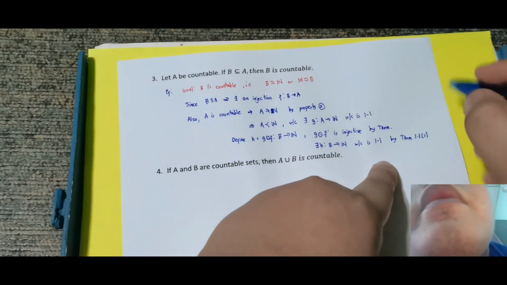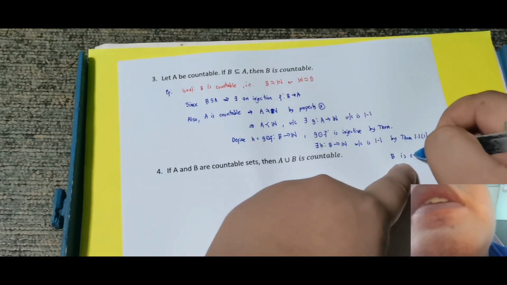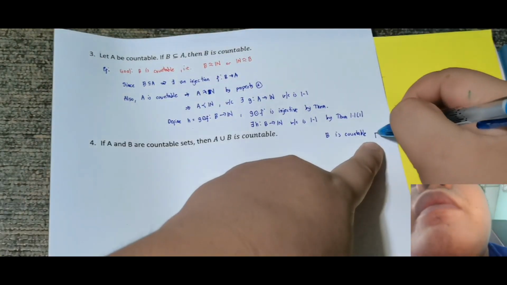So we can say automatically that B is countable, and we are done.